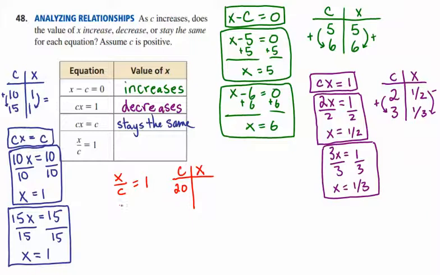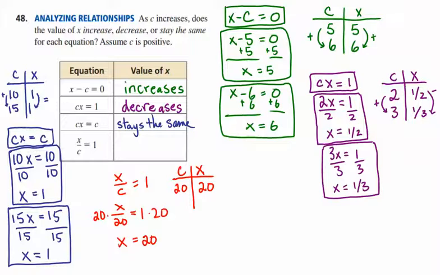When we plug in c equal to 20 into our equation, we now have the equation x over 20 is equal to 1. To solve this, since we're dividing by 20, the reverse operation would be to multiply both sides by 20, and when we do, we end up with x is equal to 20.